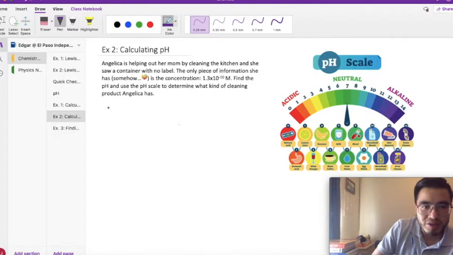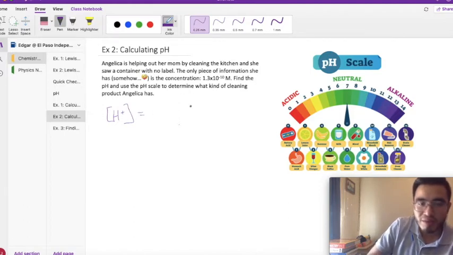So let's write the concentration. Hydrogen ion concentration is, even though it doesn't say it's hydrogen ion, we're going to assume because the problem didn't say, so we assume this is it. 1.3 times 10 to the negative 10 molar.